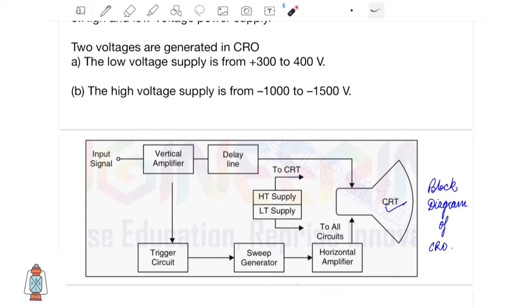So why high tension and why low tension? So to drive all those blocks, vertical amplifier, delay line, trigger circuits, you need some energy. तभी तो ये सारे blocks, amplifier अपने आप में तो काम नहीं करेगा. You need to supply energy. So low tension supply gives energy to all these circuits in your CRO.